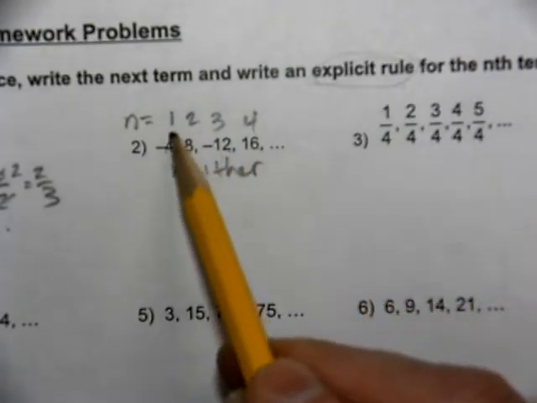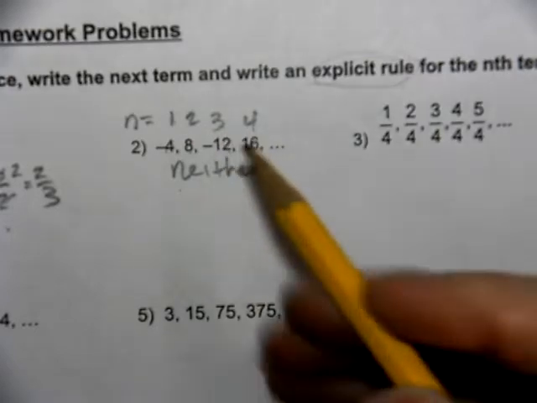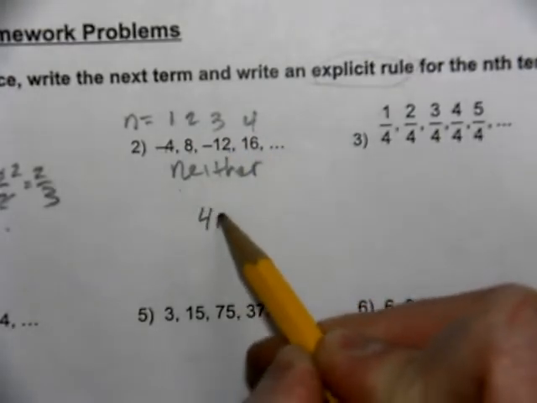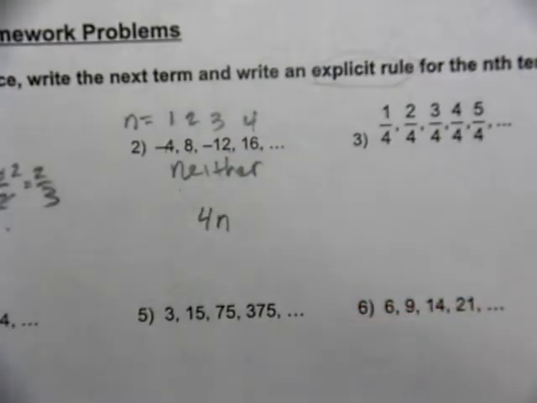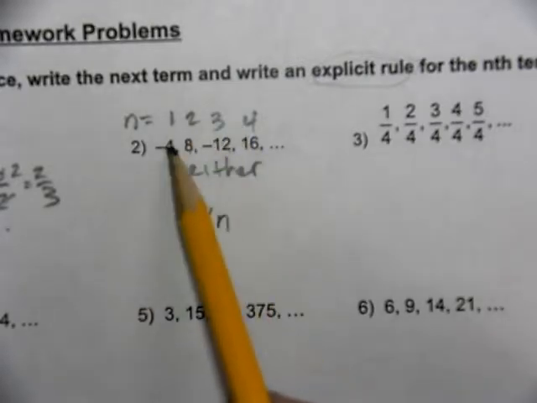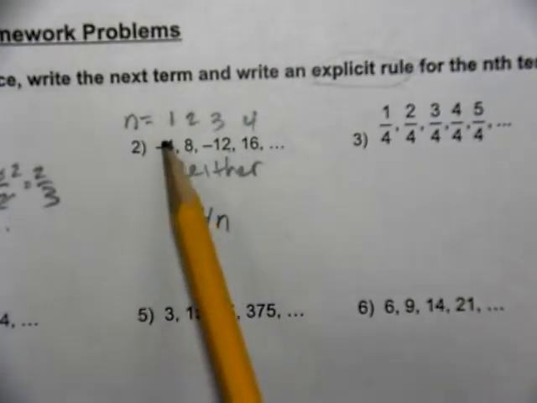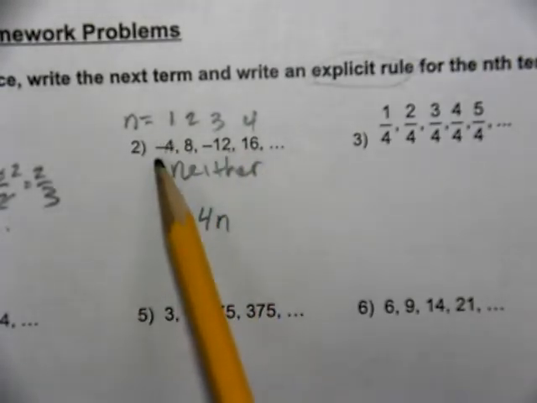And we notice that 4 times 1 and 4 times 2 and 4 times 3. So 4N is multiplying to make our term, but the sign seems to be alternating.